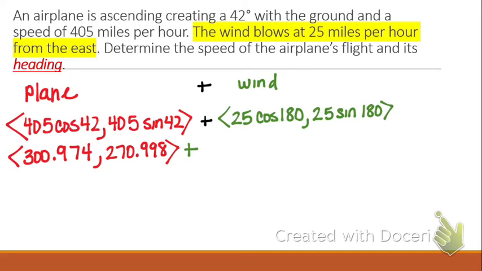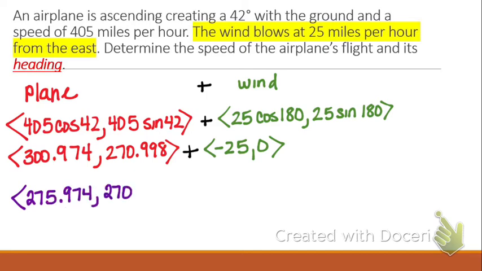So the cosine of 180 is -1. So that's going to be 25 times -1, which is -25. And the sine of 180 is 0, so that's 0. Add those two together, and you get 275.974 and 270.998. This is our actual, this is the plane plus the wind.